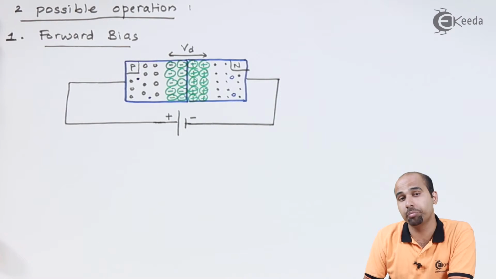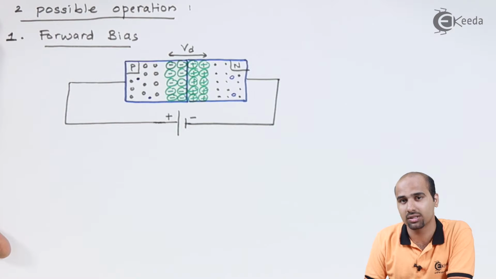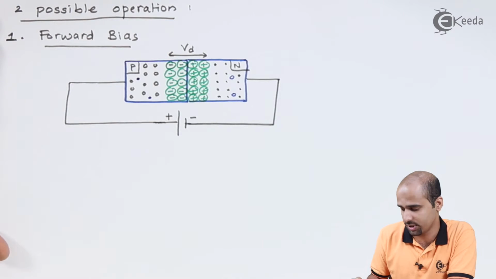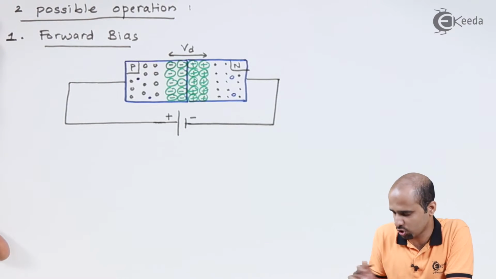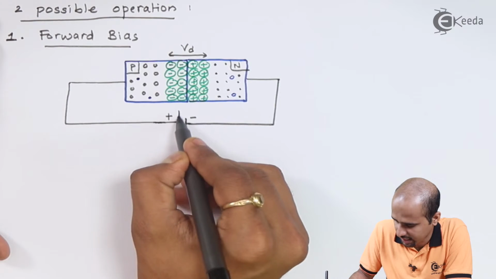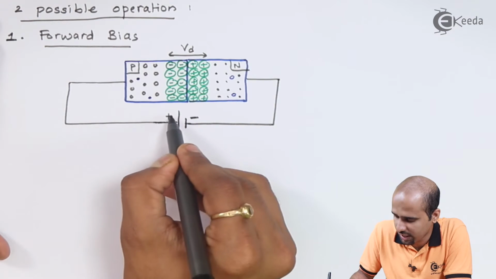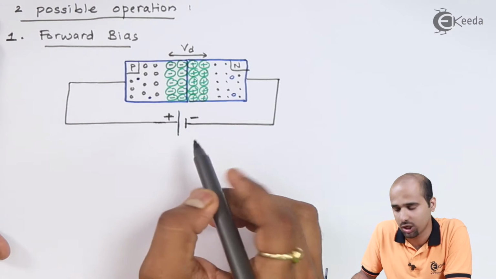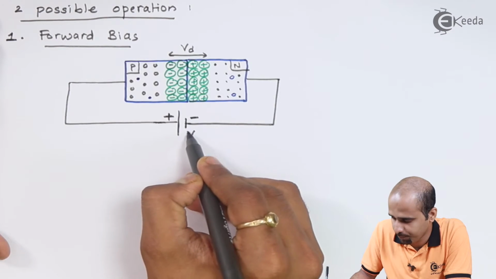As we have learned in the prerequisite session, what are the DC and AC sources? Here we have applied a DC source. So this DC source represents that this is my negative potential and this is my positive potential of battery V.